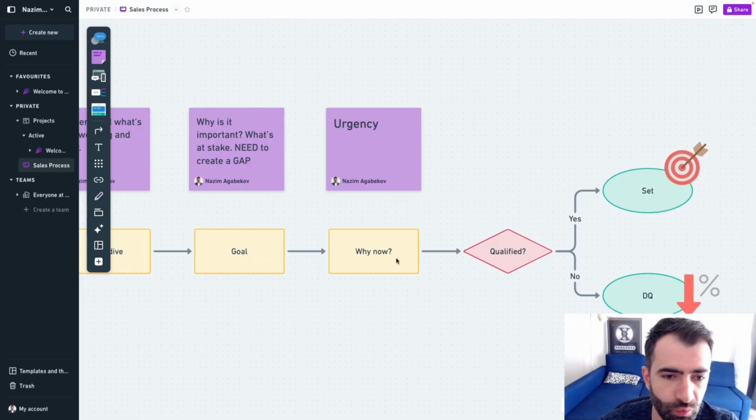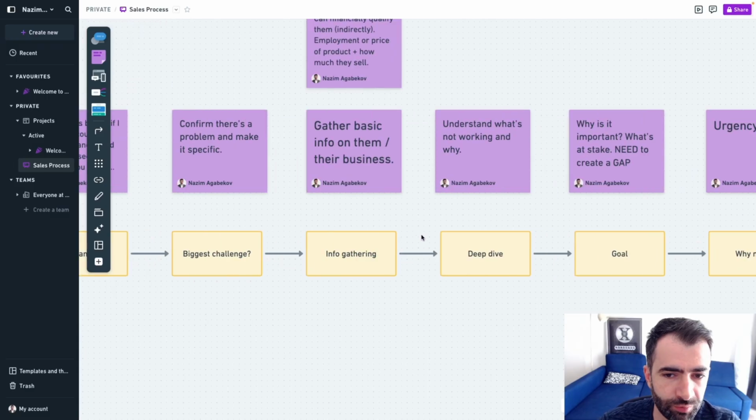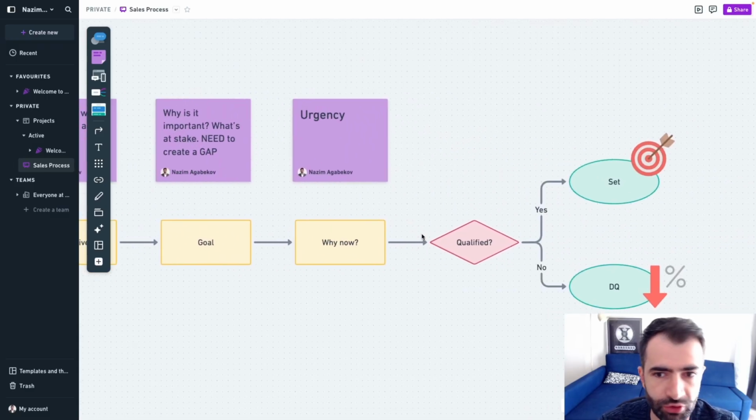I've had it sometimes where it was 10 out of 10 for all the previous steps, and then it came down to the urgency, and a seemingly qualified hot lead was like 6 out of 10, 5 out of 10 on the urgency scale. Or for example, they're leaving for a vacation in 2 weeks, and it would just make sense for you to talk in 2 weeks where you can actually present the offer and expect them to pay, right?